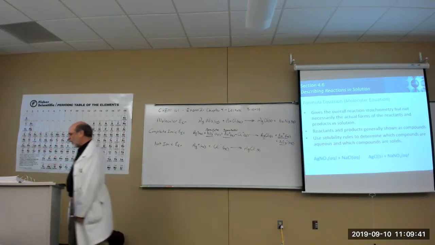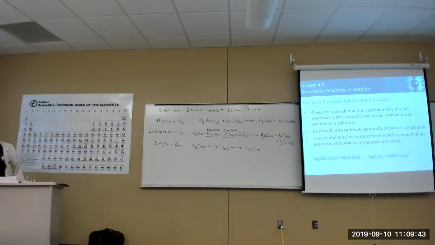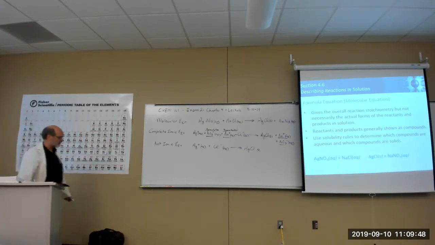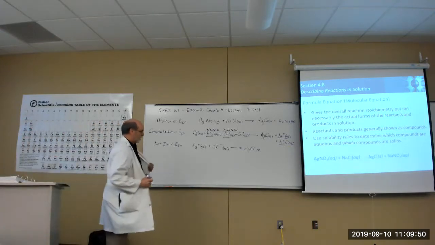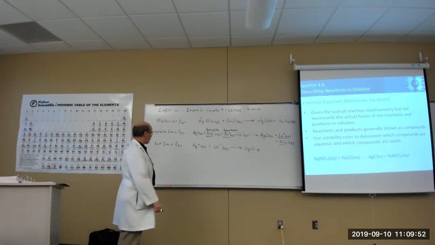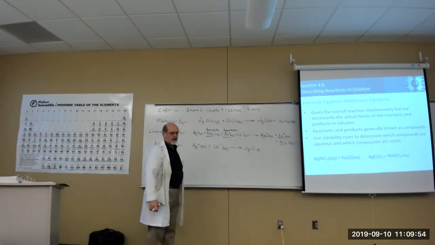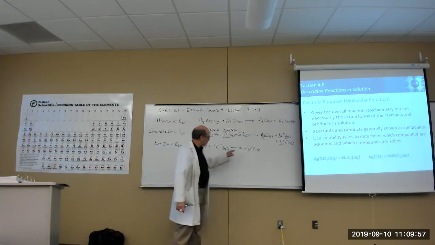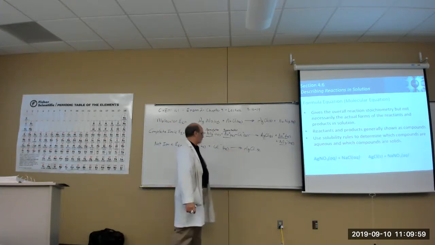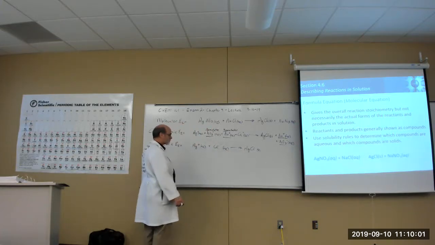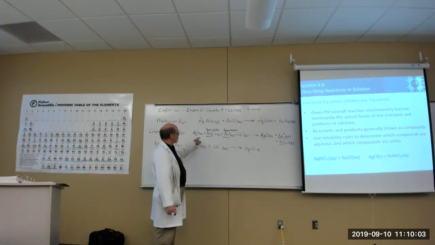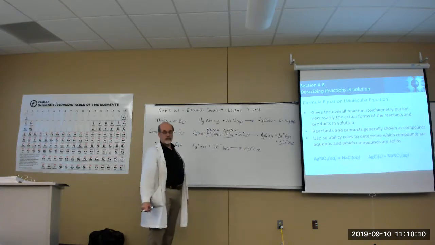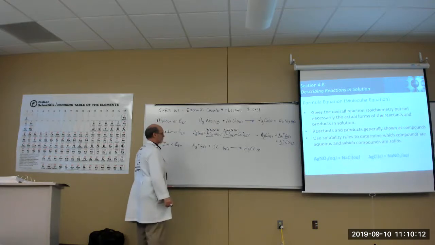Now, why would we ever want to describe a reaction as a net ionic equation? Well, I can think of one practical application. Suppose we go back in our laboratory, we want to produce silver chloride, but we don't have any silver nitrate, right? Well, what else is soluble?